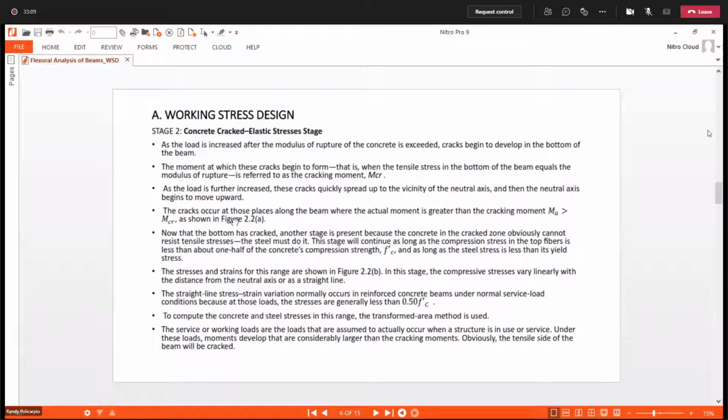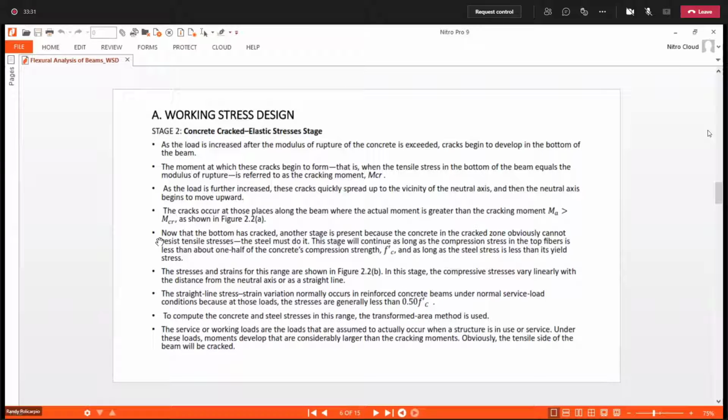So the cracks occur at those places along the beam where the actual moment is greater than the cracking moment, no? So ito yung isang criteria for us to know kung crack na yung section natin. Yung acting moment is greater than the cracking moment.